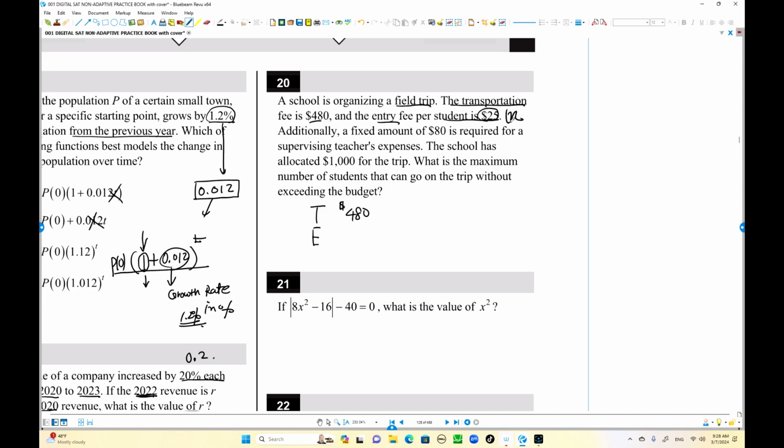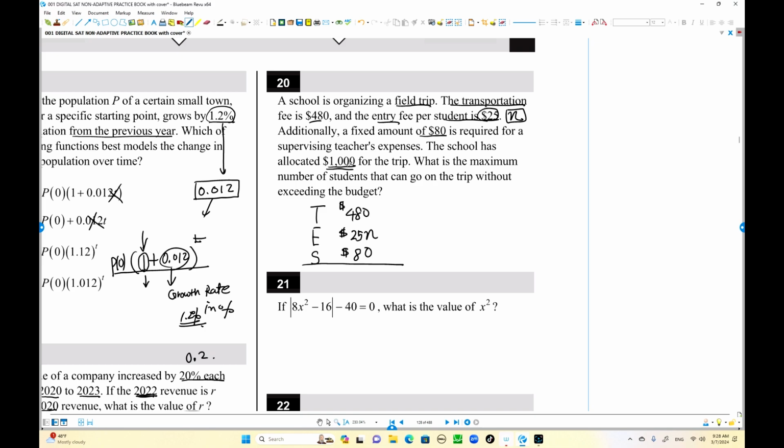I'm going to use the maximum number of students at the end. So it's going to be 25 times n dollars for the entry. And they need $80 more for the supervisor expenses, including everything, right? But the total should be less than this budget, $1,000.